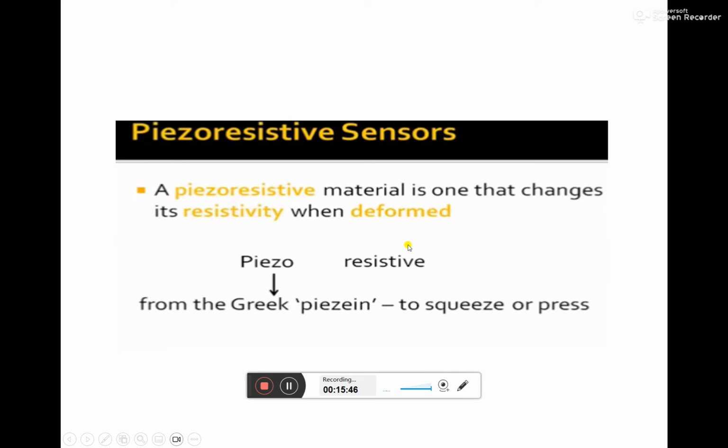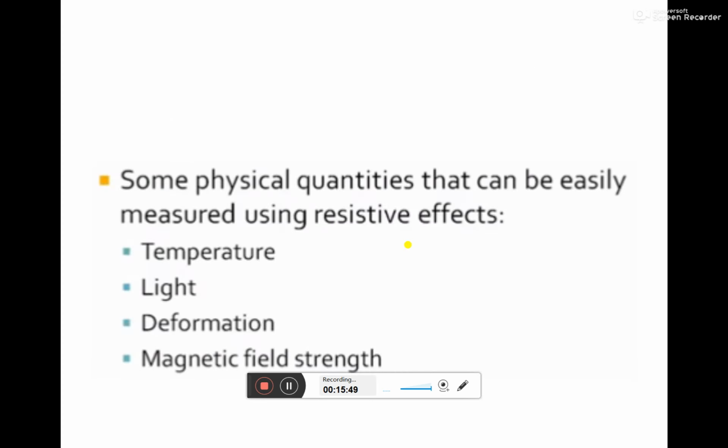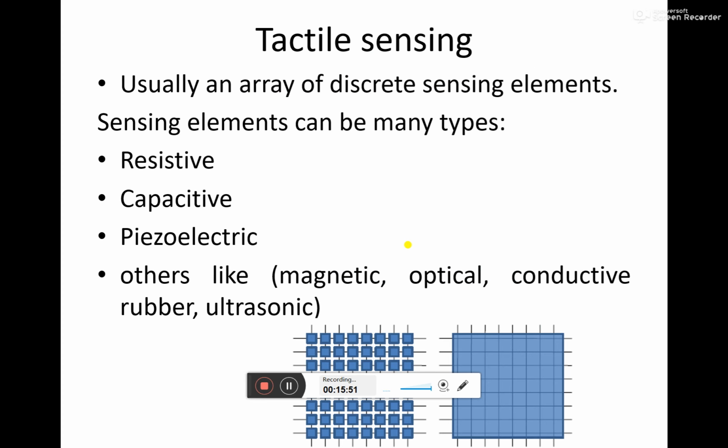Today I explained about tactile sensors. Mainly these tactile sensors use different sensing elements. Whenever the tactile sensor surface touches an object, it interacts with the object to measure weight, force, conductivity, thermal conductivity or other measurements.